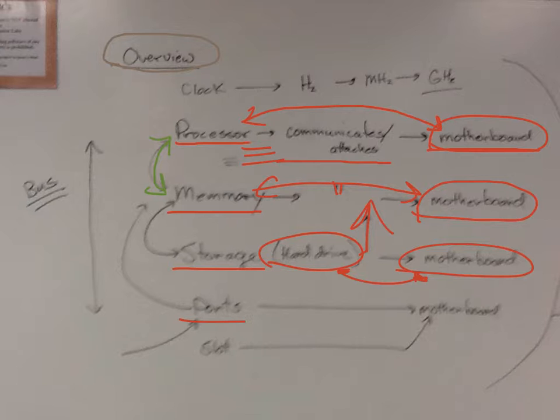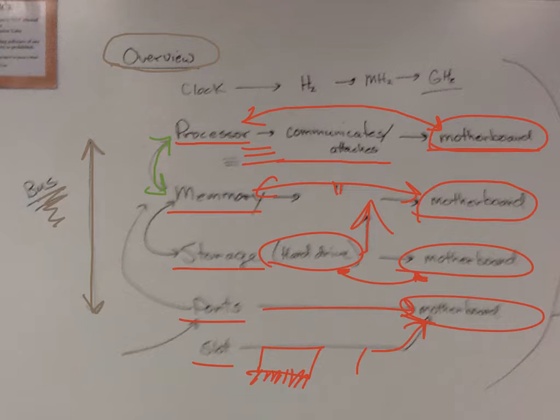Then we mentioned ports. They can be built into the motherboard, or we could have a slot, and we could add some card into the device to also connect to the motherboard. And we talked about one of the key things that hooks this all together is the bus.